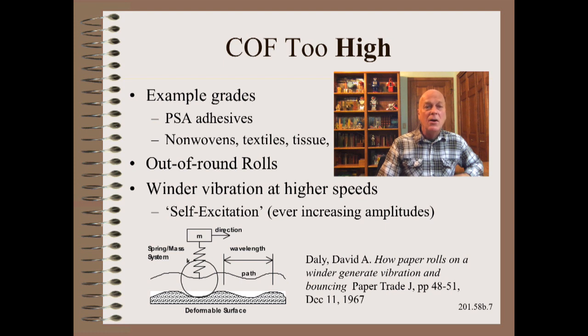However, we can also get out of round rolls with self-tacky or adhesive products. Pressure-sensitive adhesive tapes are the poster child of trouble for out-of-round problems. What is common in all of these very different webs and very different chemistries is a high Web-Web COF.